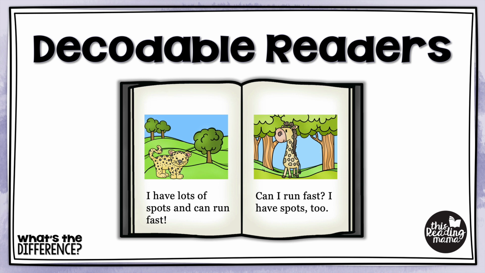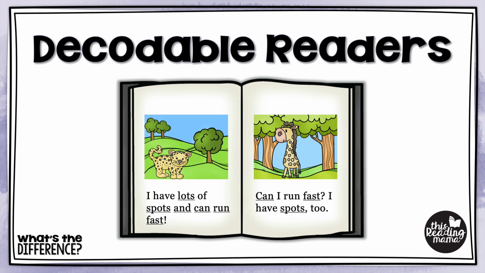While this book does have some predictability, with both pages containing the phrase "I have," and we've got sight words in here too, I would argue that this decodable reader has lots of predictability, mostly with the sound spelling pattern. So if I'm teaching closed syllable words with the short vowel pattern, and I've even taught blends or digraphs to my learners, on these two pages alone, we have several words with the closed syllable pattern.